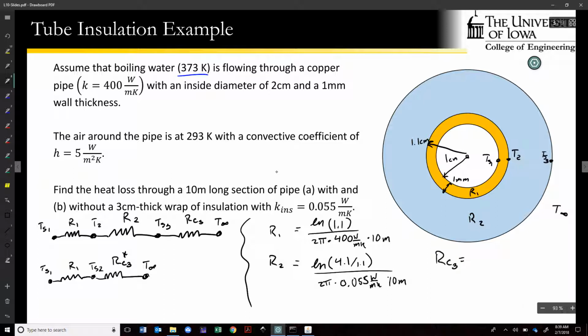RC3 is going to be equal to 1 over 2 pi times 4.1, 0.041 meters times 10 meters times 5 watts per meter squared Kelvin, and RC3 star equal to 1 over 2 pi times 0.011 meters times 10 meters times 5 watts per meter squared Kelvin.